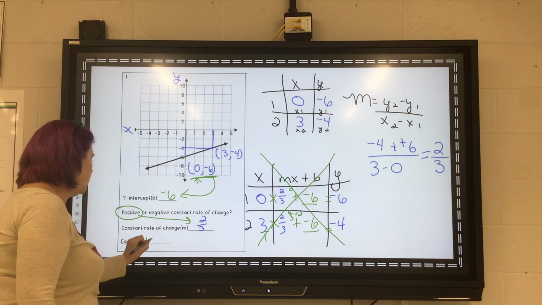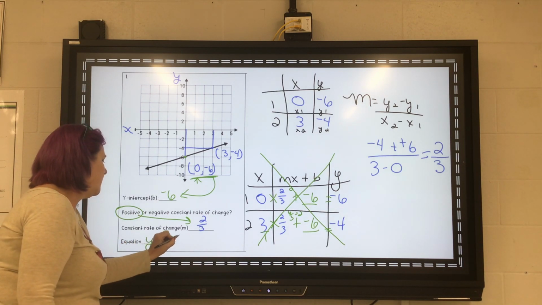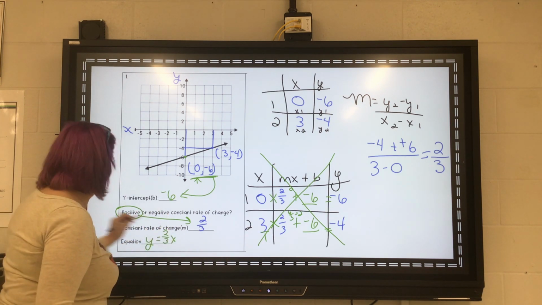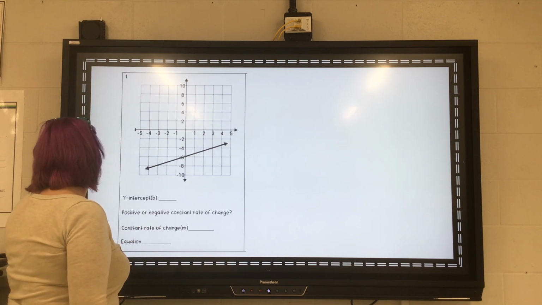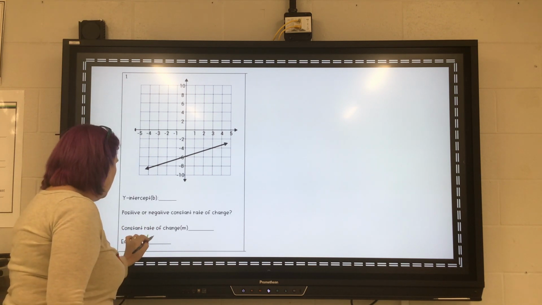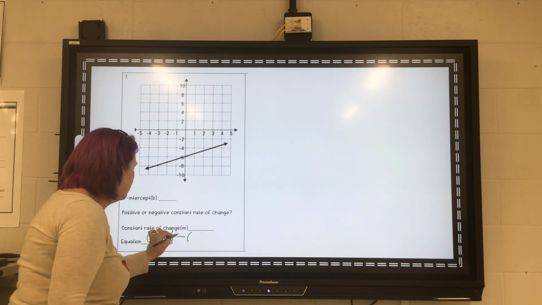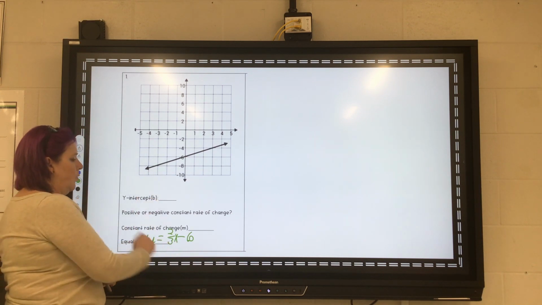So my equation is y equals 2/3 x minus 6.